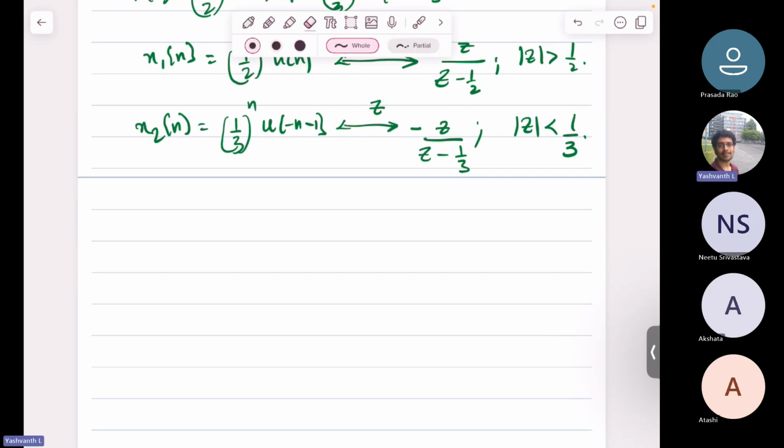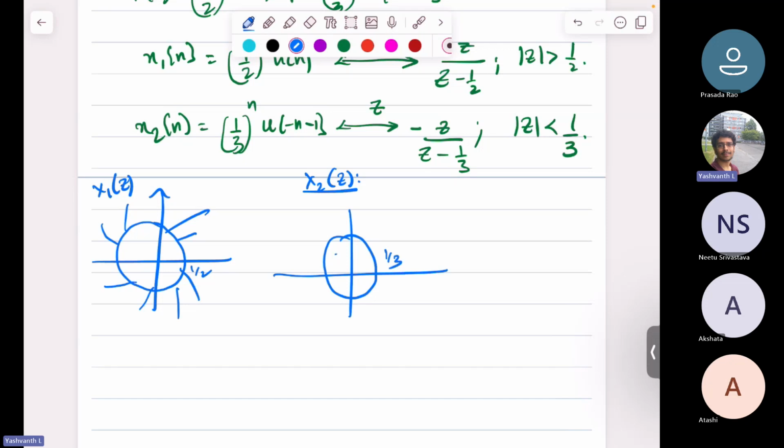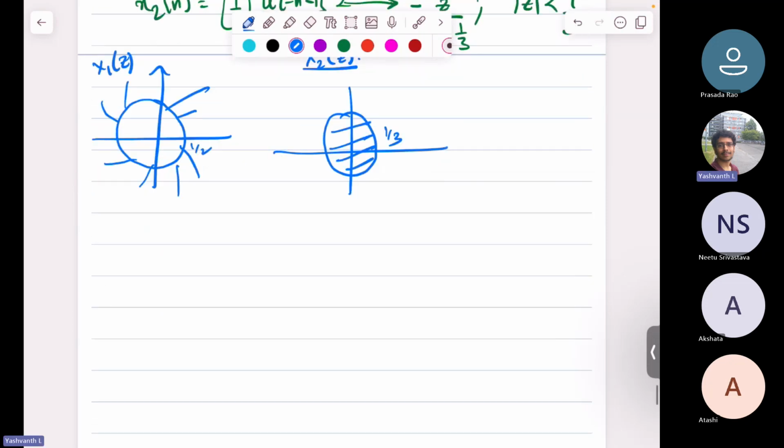Let me draw it for those of you who didn't understand. For x1 of z, it is outside half. Your x2 of z is inside 1 by 3. If you intersect them, what will you have?